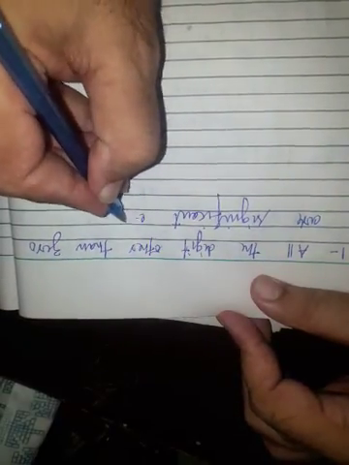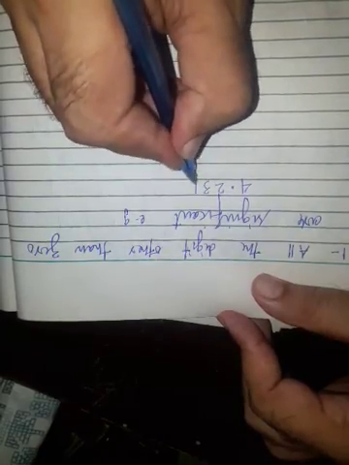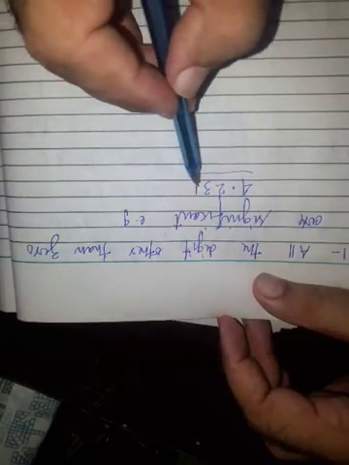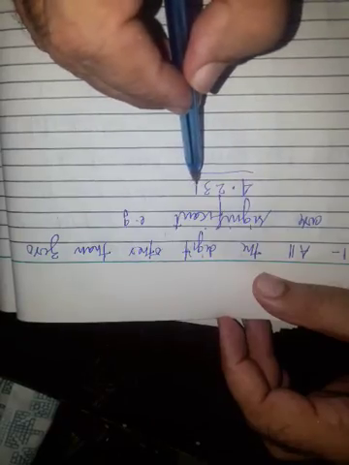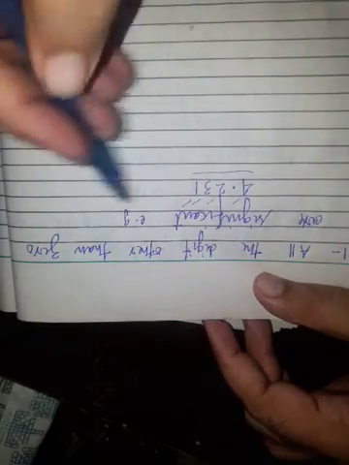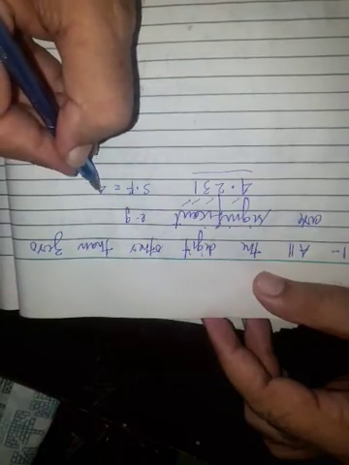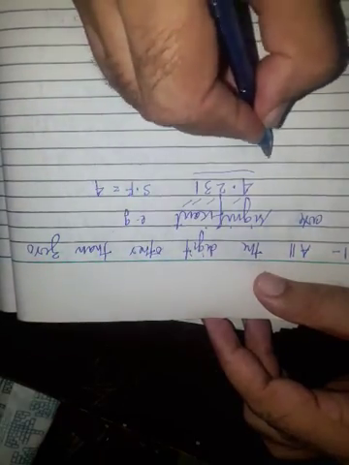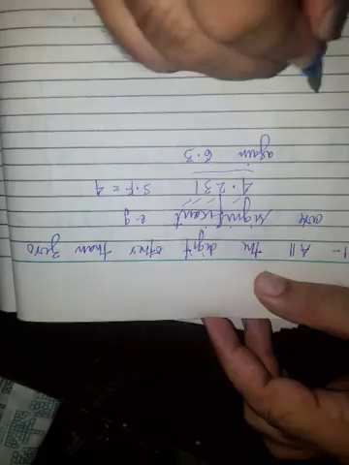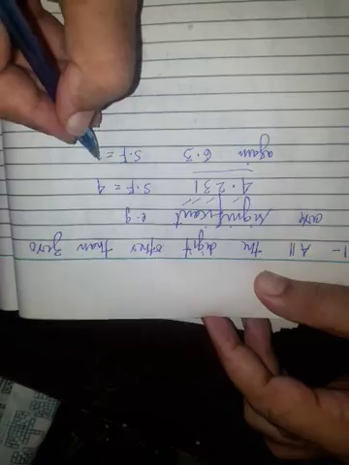For example, 4.231. Now look, we have 4 digits and all of them are non-zero digits. That is 1, 3, 2 and 4. So the number of significant figures is 4. Again, 6.3. Again, we don't have any 0, so they are all significant. Significant figures are 2.